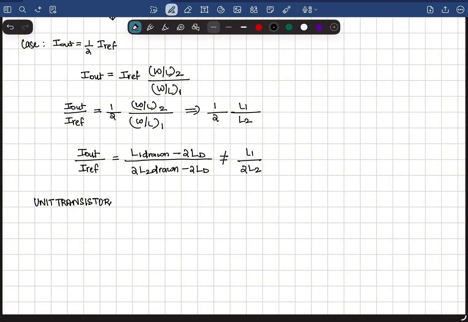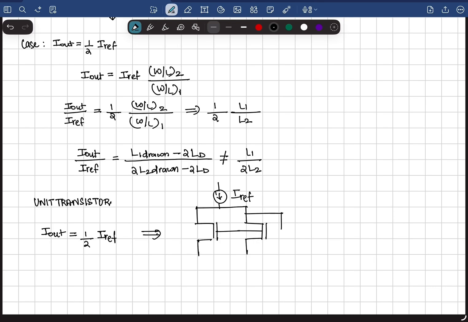Now let's take the same case where I want to generate an output current that is equal to half the reference current. I can generate this in this way too. This is our reference current, IREF, and this would be our diode connected transistor.